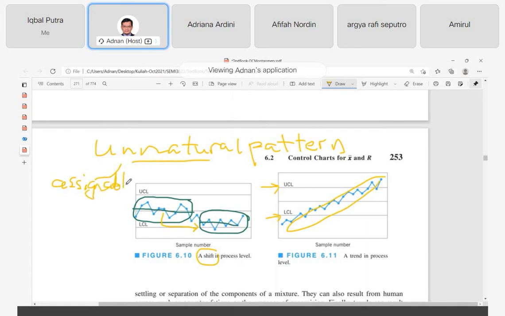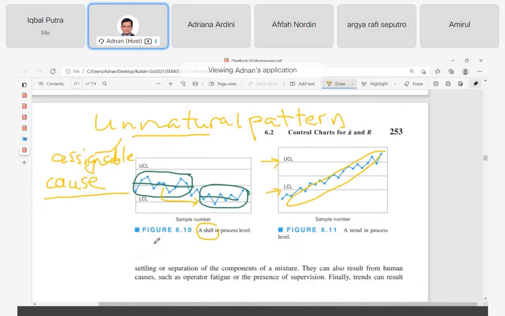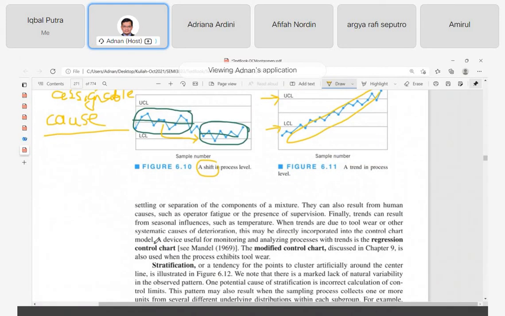An assignable cause is a cause that we can determine. We can find the assignable cause, and we can eliminate the cause. Another cause we call random cause. Random cause we cannot eliminate. It's there in the process. So understanding of this pattern is important.